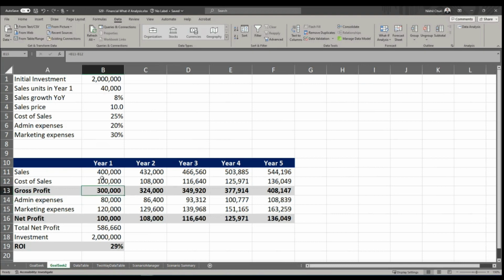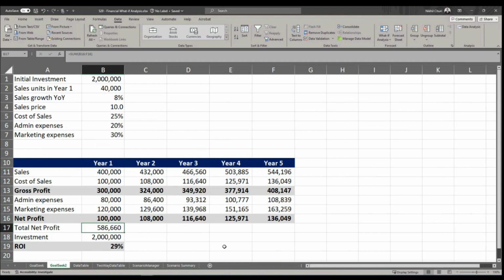So this 300K minus the sum of these gives me 100K as the net profit. My total net profit is the sum of the net profit over all 5 years, which is 586,000. My initial investment is $2 million to start with. Based on this calculation, my ROI, which is return on investment, is 29%.